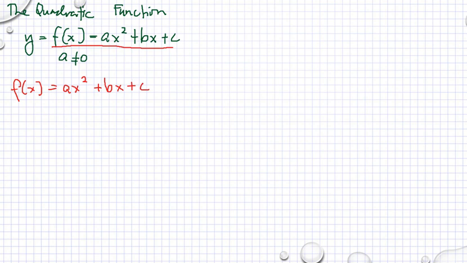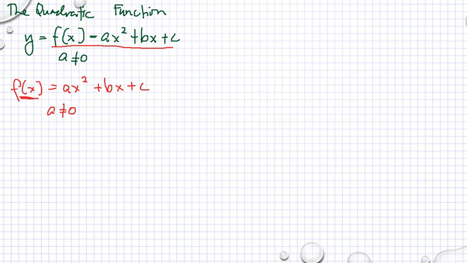Why? Because sooner or later you will be discussing relations and functions, and the quadratic function is a function. That's why I am going to introduce this now, as early as now. In a quadratic function, a is not equal to 0. I will show you later why.